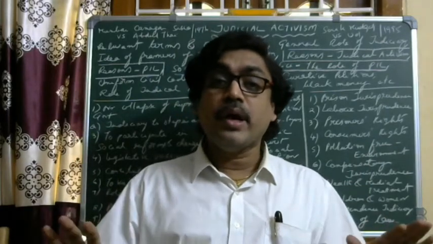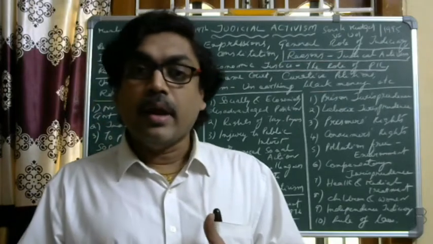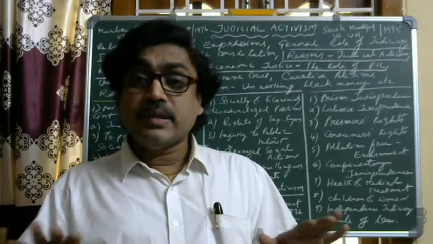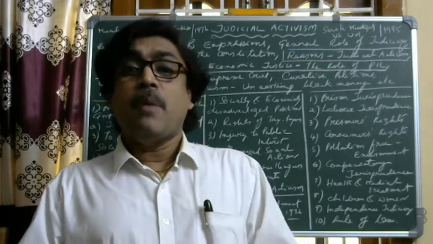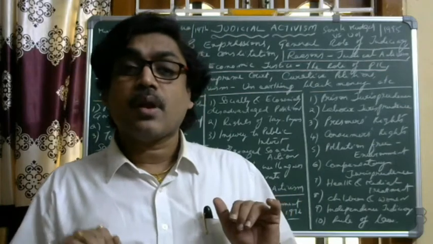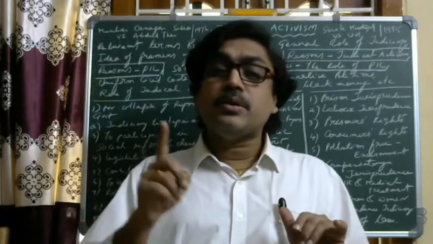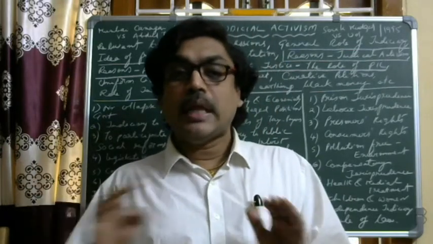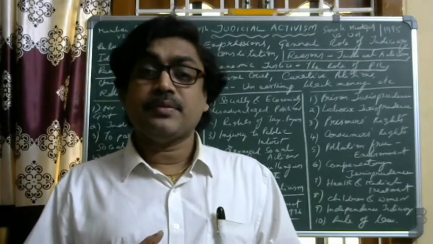But unfortunately, it is not happening. And also, it is essential. Otherwise, there is no meaning for Article 14. Until there is a Uniform Civil Code, there is no complete meaning for Article 14.